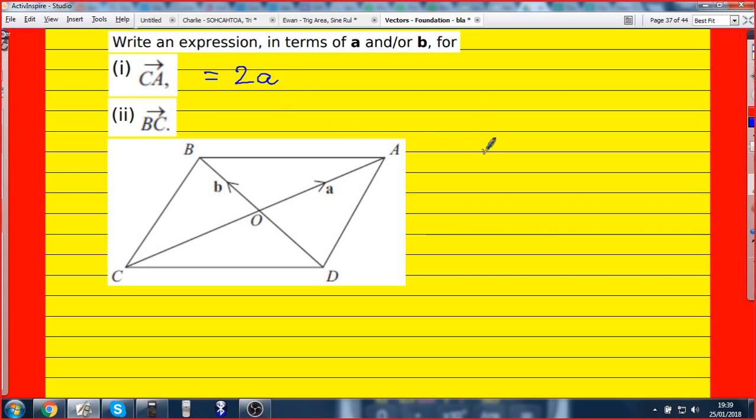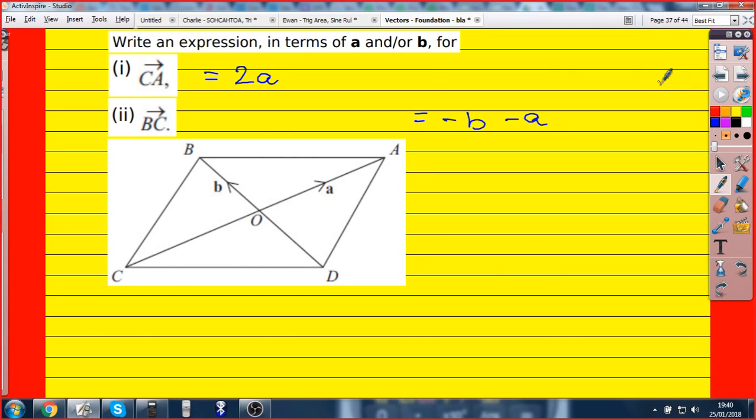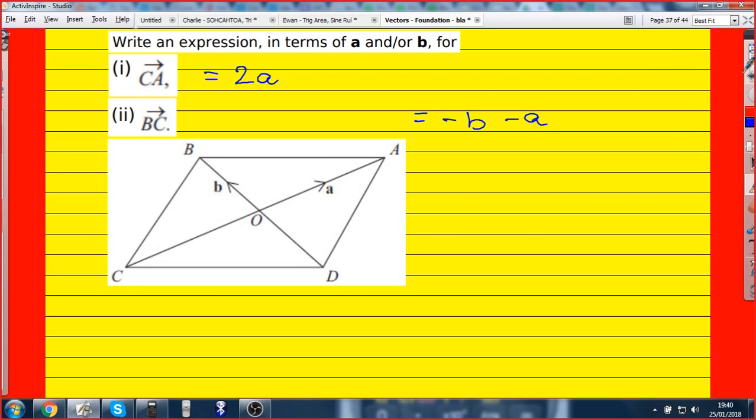And then B to C is minus B minus A. So 2A and minus B minus A. Any questions there? No. Yeah, you got it.